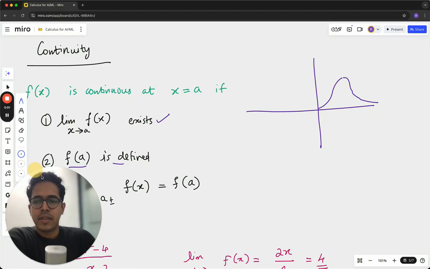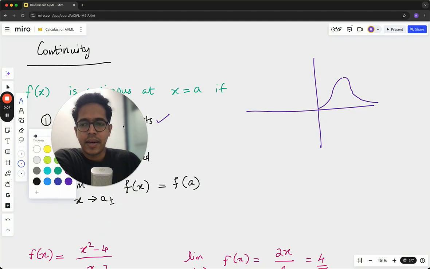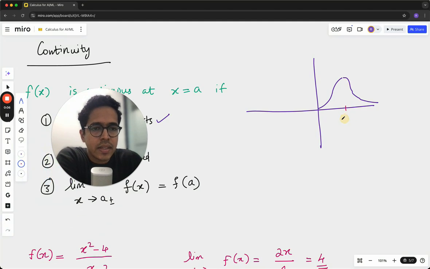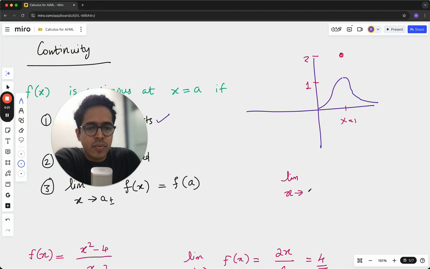So let's say you have this function, and the way it is defined is such that when x equal to 1, f of x equal to this point, 2. But when limit x tends to 1 minus, which means you are approaching 1 from the negative direction, it's equal to 1, which is also equal to limit x tends to 1 plus, because when you are approaching from here also, since you are not exactly at x equal to 1, the value is still 1.